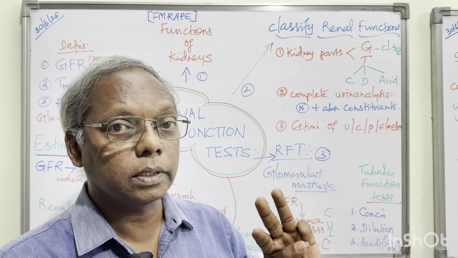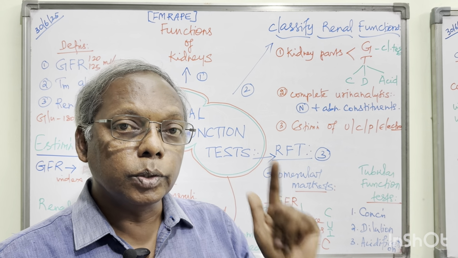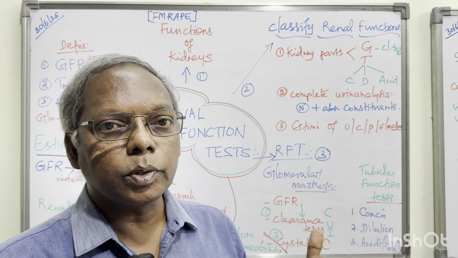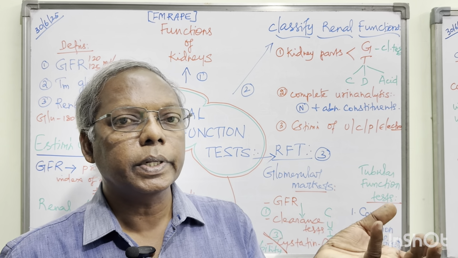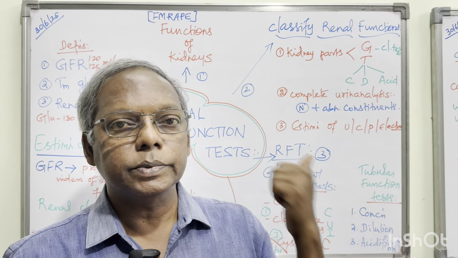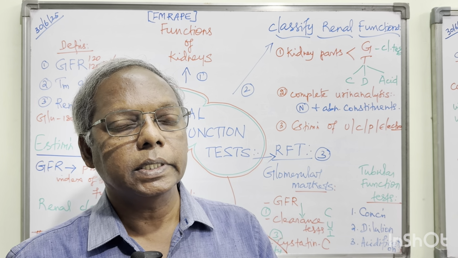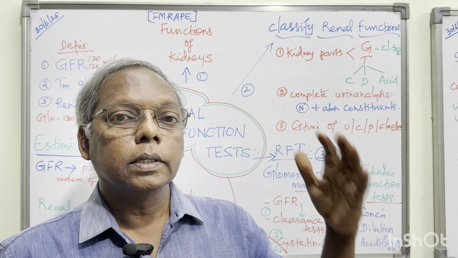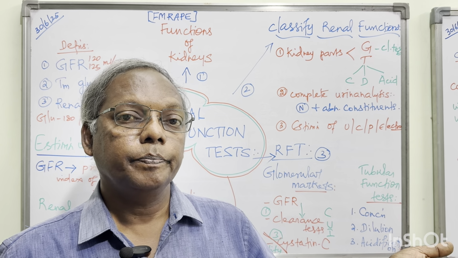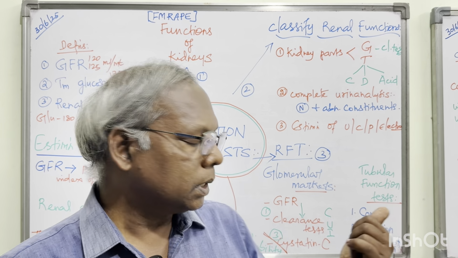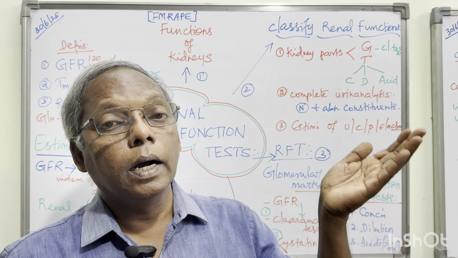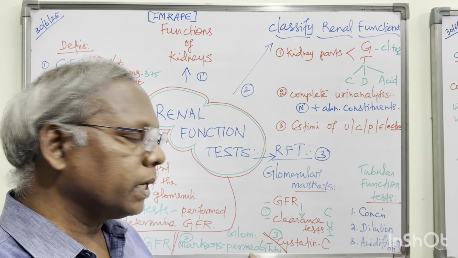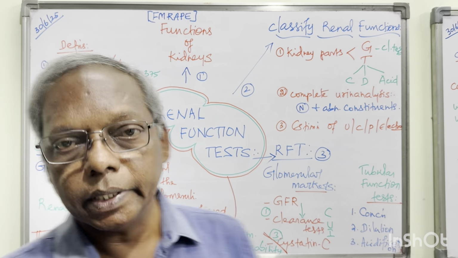Third one is markers of glomerular permeability, how the membranes excrete or fail to reabsorb. That is excretion of protein in urine, proteinuria, which indicates diabetic nephropathy and includes microalbuminuria. These are all the conditions coming under markers of glomerular permeability.